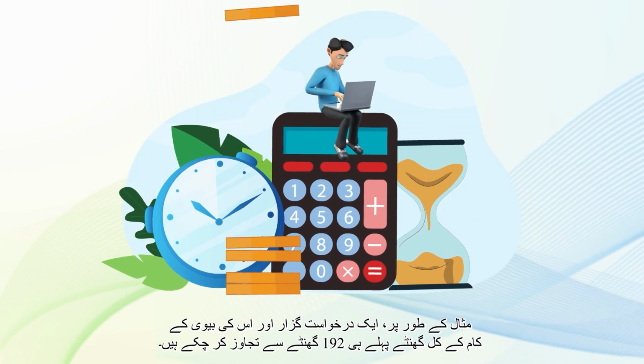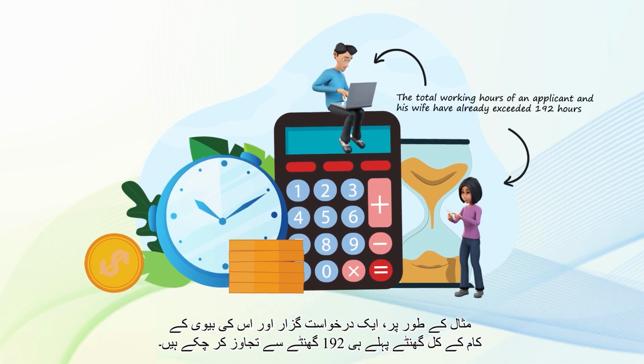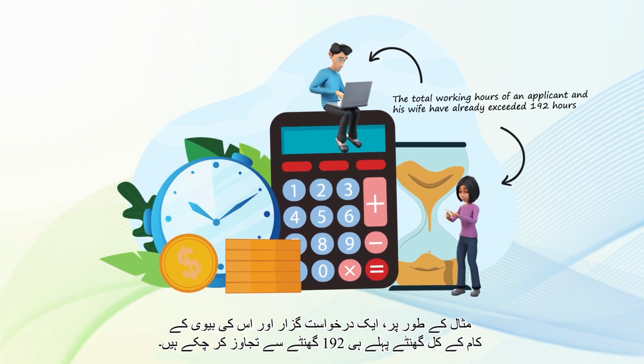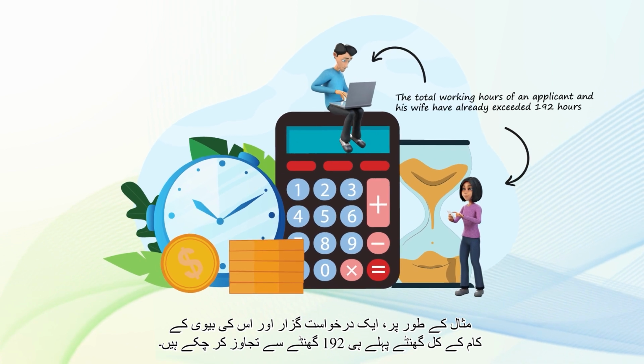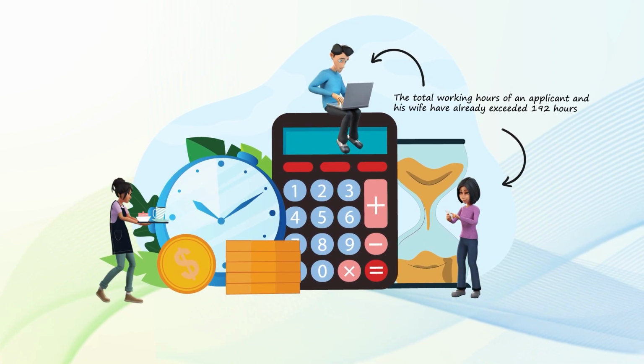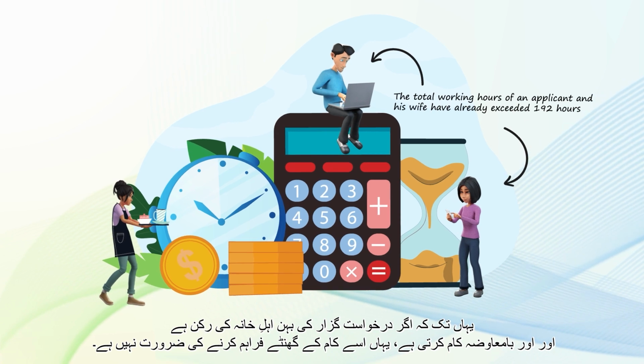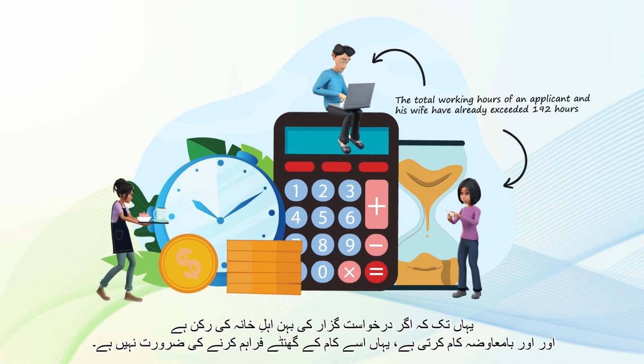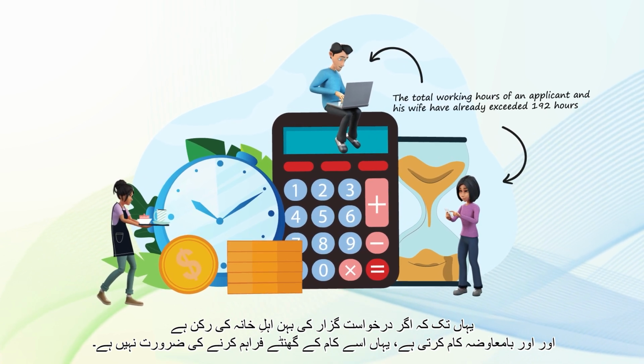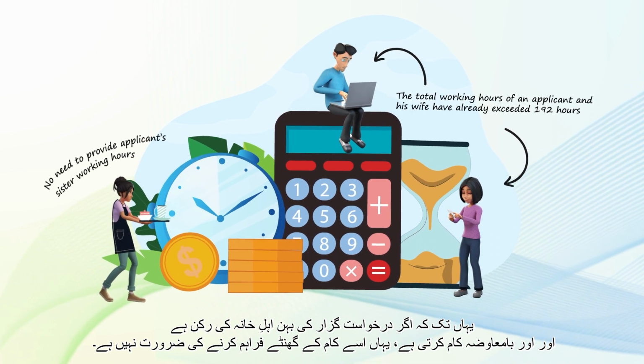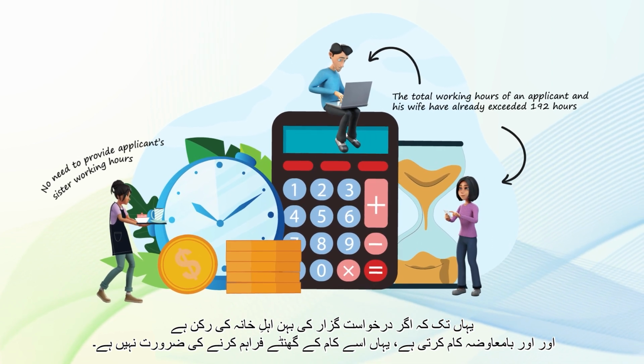For example, the total working hours of an applicant and his wife have already exceeded 192 hours. Even if the applicant's sister is a household member and has paid work, there is no need to provide her working hours here.